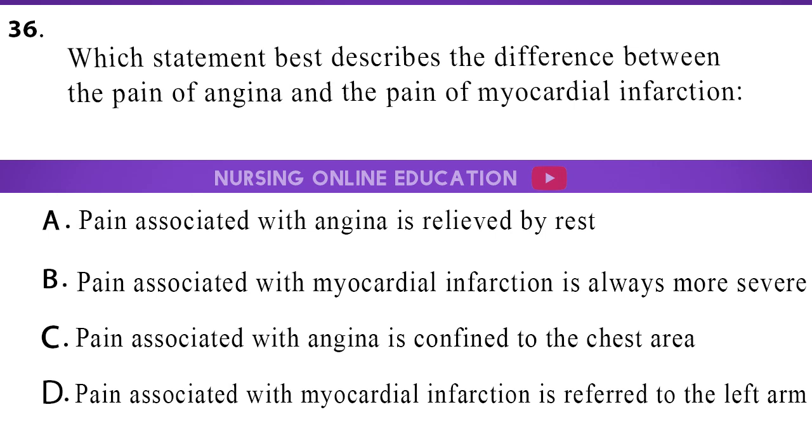36. Which statement best describes the difference between the pain of angina and the pain of myocardial infarction? A. The pain associated with angina is relieved by rest. B. Pain associated with myocardial infarction is always more severe. C. Pain associated with angina is confined to the chest area.